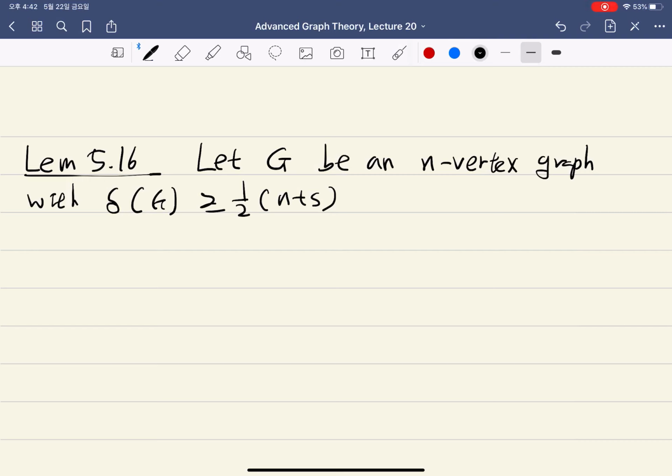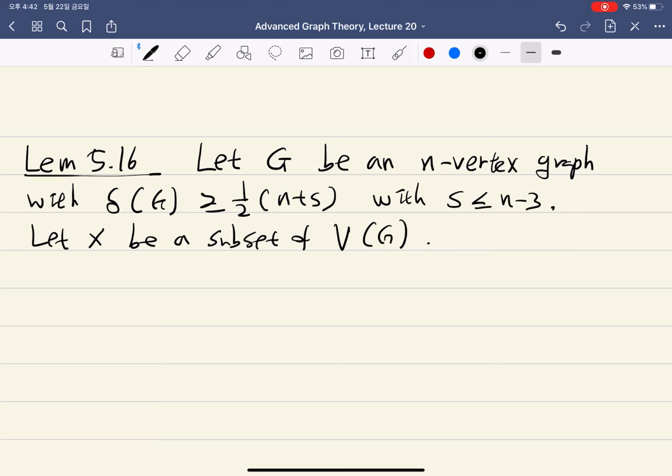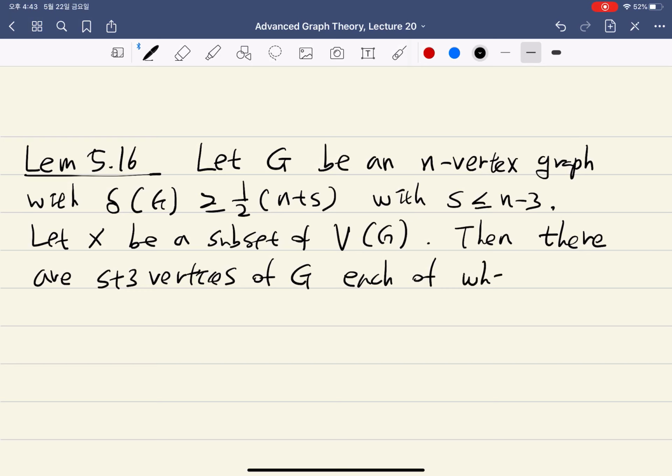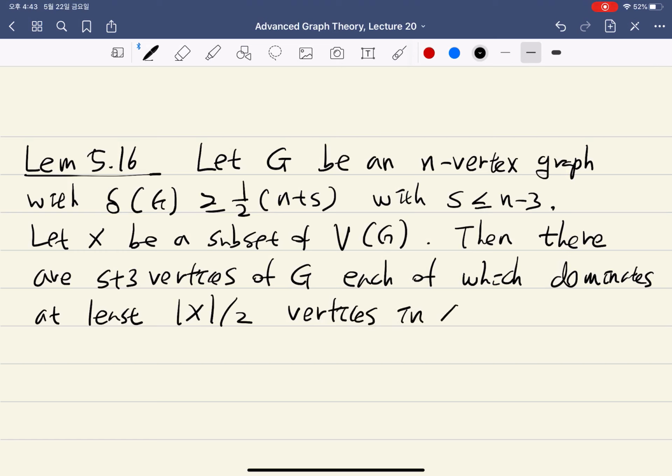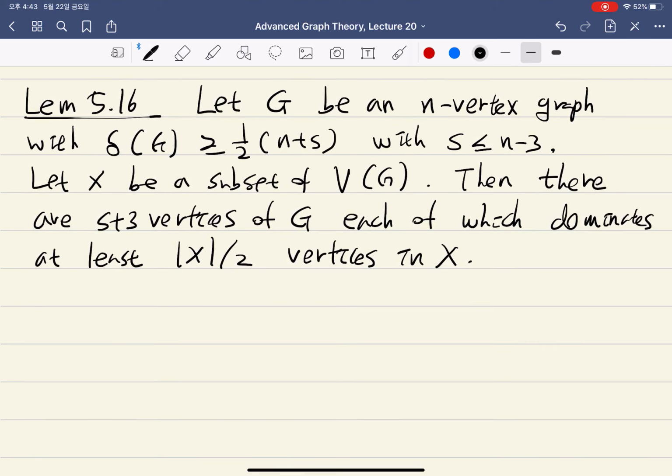So with this, say if s is smaller than n minus 3, and let X be a subset of the vertices of the graph, then what we want to show is there are s plus 3 vertices of G such that each of the vertices dominates at least half of the vertices in X. So that's what we want to prove.